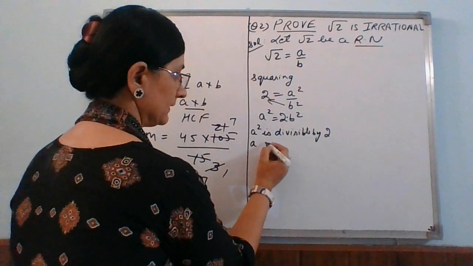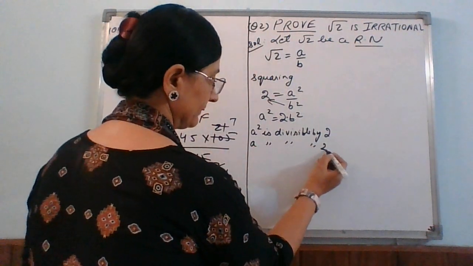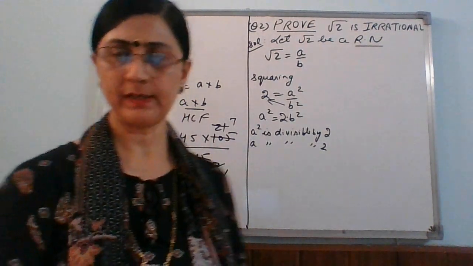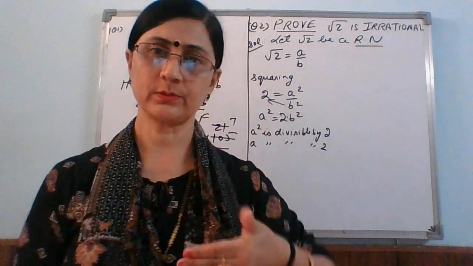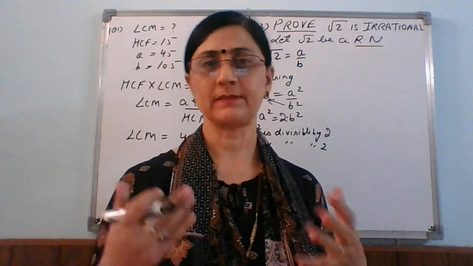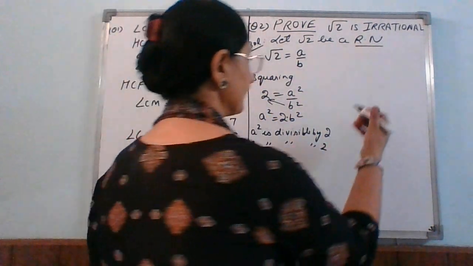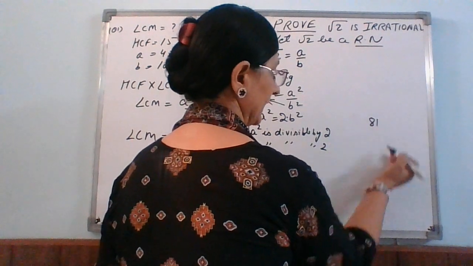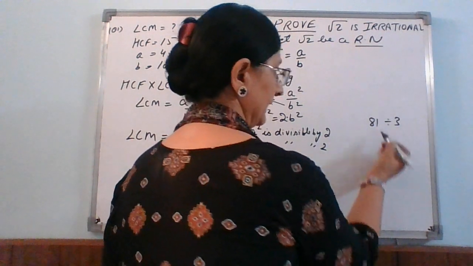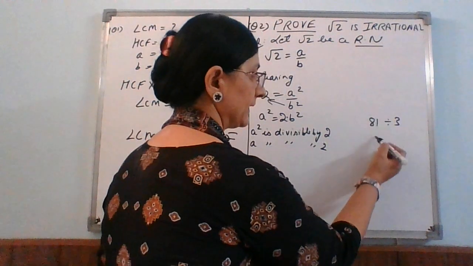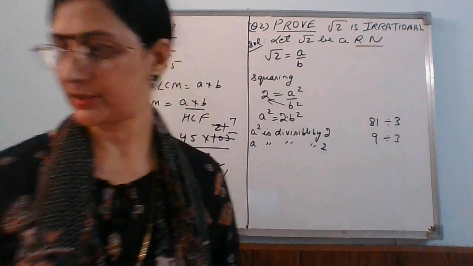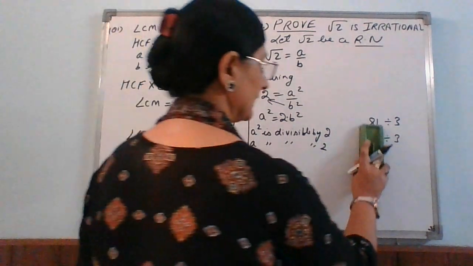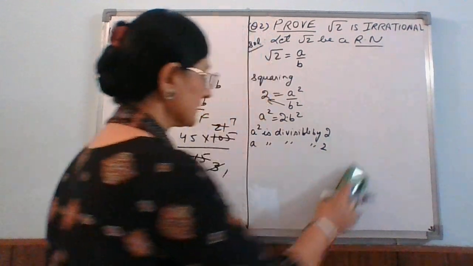So a will also be divisible by 2. अगर उसका square divisible है, like 4 is divisible by 2, तो उसका square root लोगे तो 2, right? That will also be divisible by, like I'll say 81, right? It is divisible by 3. 81 किसका square root है? 9 का. So 9 will also be divided by 3, right? So उसका square divisible है 2 से, so a भी divisible होगा 2 से.